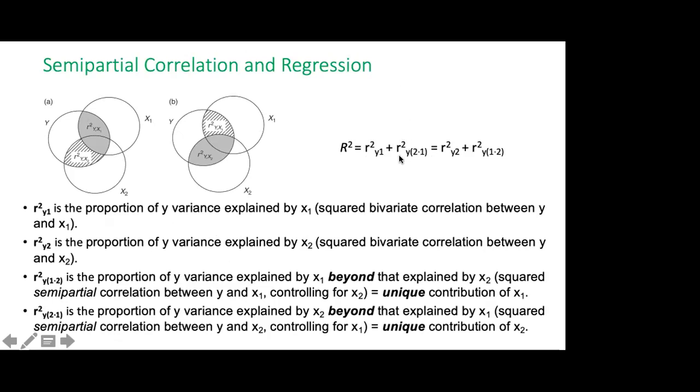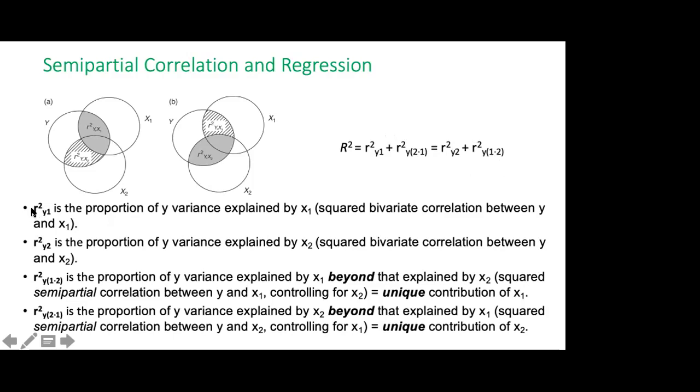The squared semi-partial correlation is controlling for the shared variance of the first and the second predictor. Or, and that is exactly the same, it is the squared bivariate correlation between the second predictor and the outcome variable plus the semi-partial correlation of the first predictor with the outcome variable, controlling for the second one. So those two terms are equivalent.